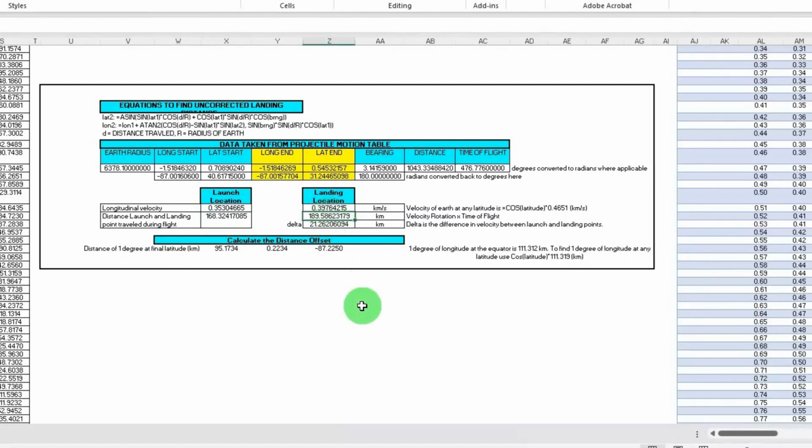The landing location moved 189 kilometers in that 476 seconds. So that means there's actually an offset along the longitudinal line of 21.26 kilometers. That's the difference that I was saying. Let me show you that in Google Earth here.